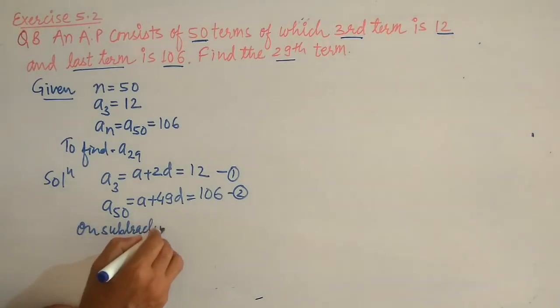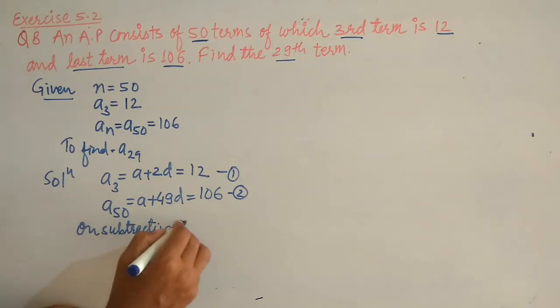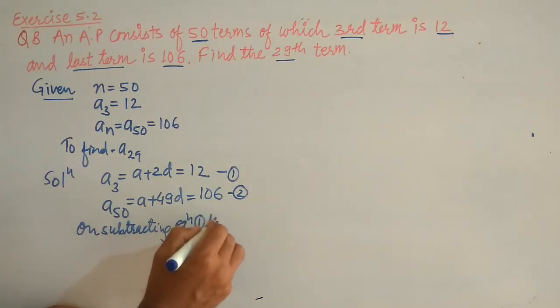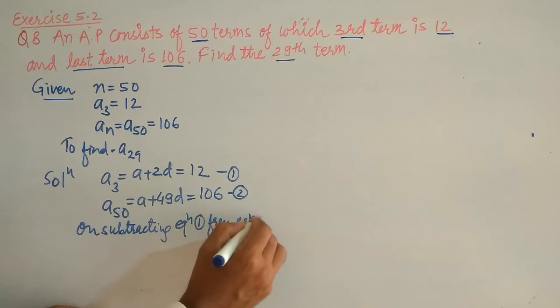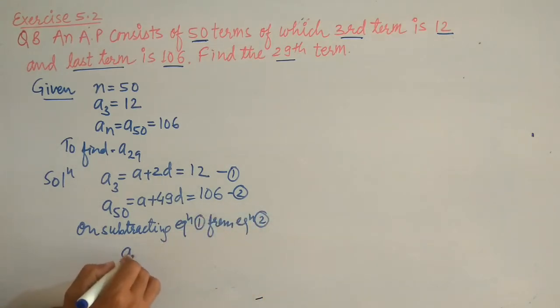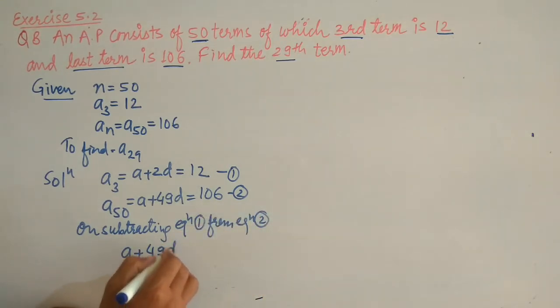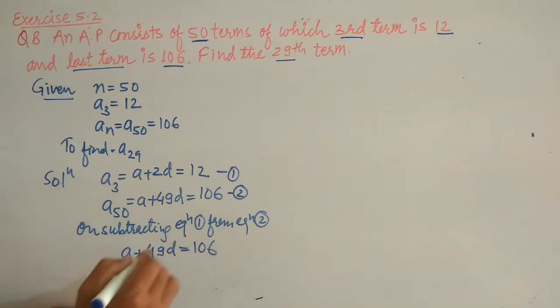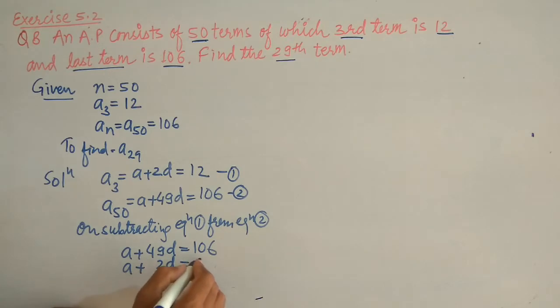on subtracting equation 1 from equation 2. So A plus 49D is equal to 106 and A plus 2D is equal to 12.